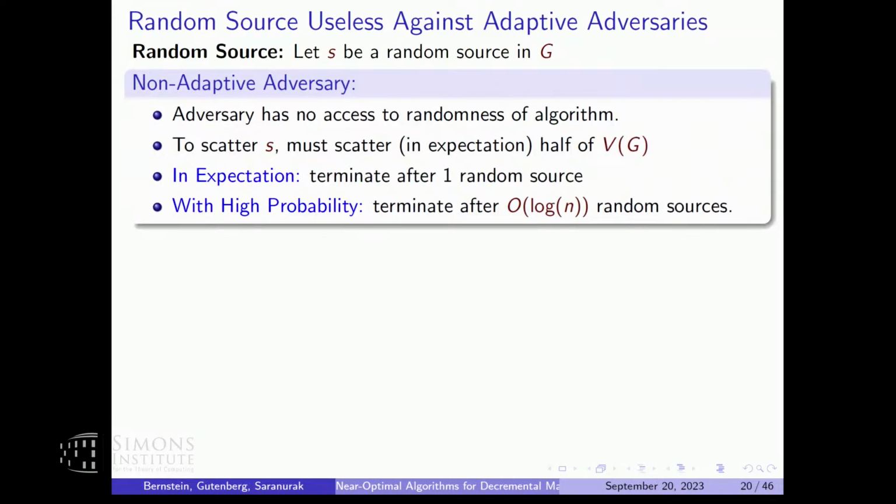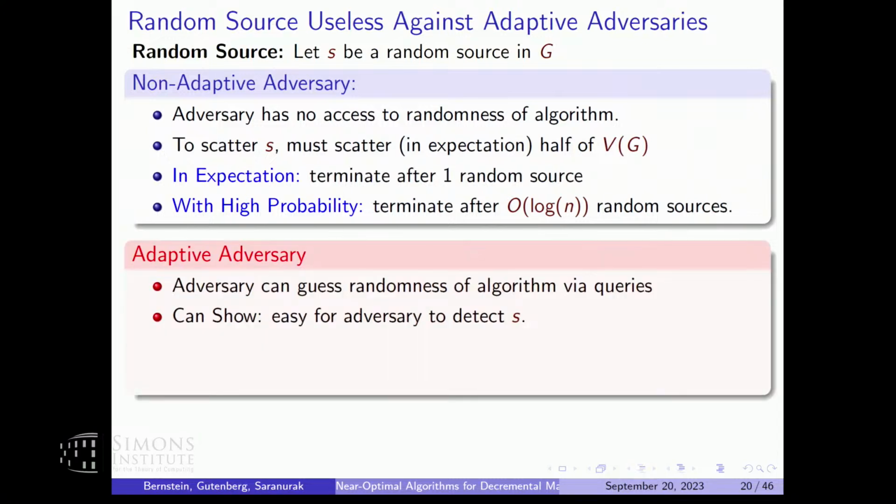Well, anyway, the thing about this technique is there's a really simple solution against a non-adaptive adversary, but it totally fails against an adaptive adversary because the adversary can figure out your source. They can use queries easily to figure out which your source is. So you pick a source and all the adversary is going to do is delete only the edges around that source.